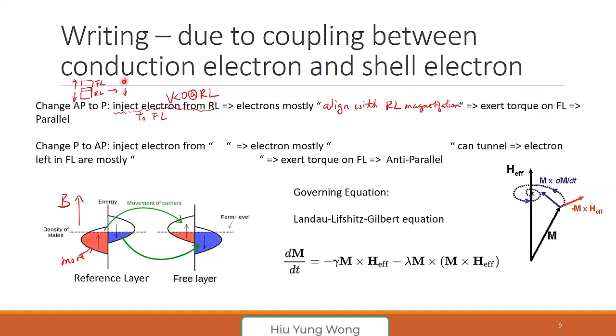So eventually it's going to flip the magnetization of the free layer so that it is parallel to the reference layer. It's just like country A's accent. So many people from country A go to country B, then in country B everyone speaks with the same accent as country A.